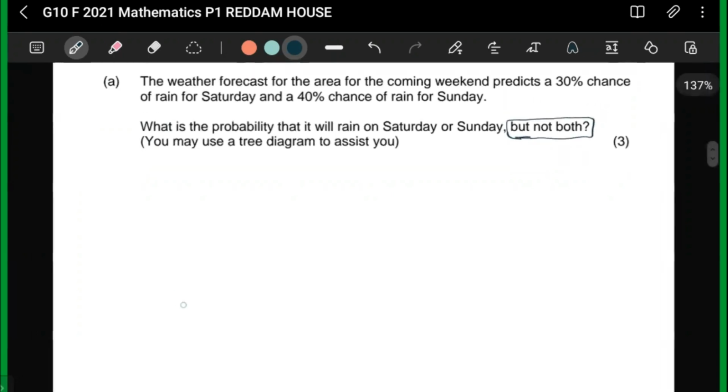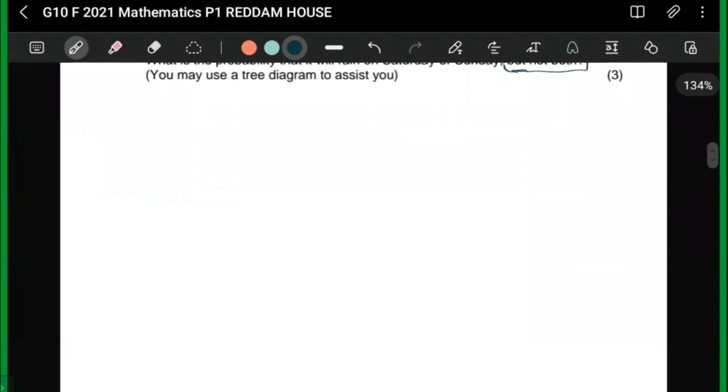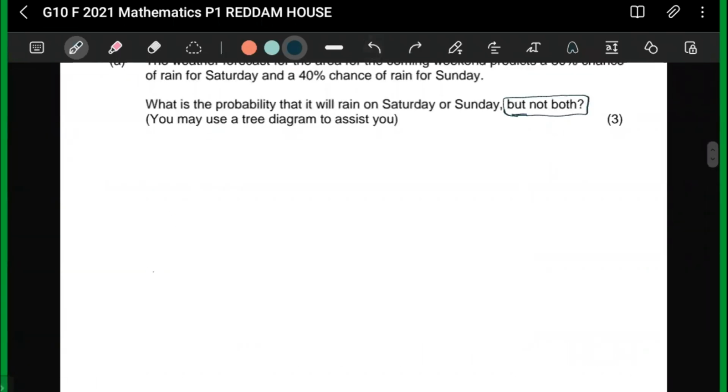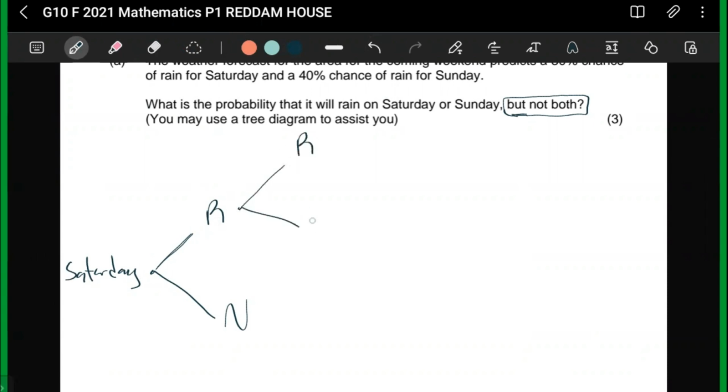So what you do is you start at Saturday. Starting at Saturday, you know that it's either going to rain or it's not going to rain. Let's write here Saturday. So if it does rain on the Saturday, on the Sunday, it could rain or it could not rain.